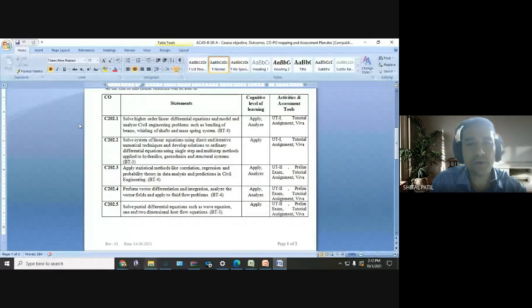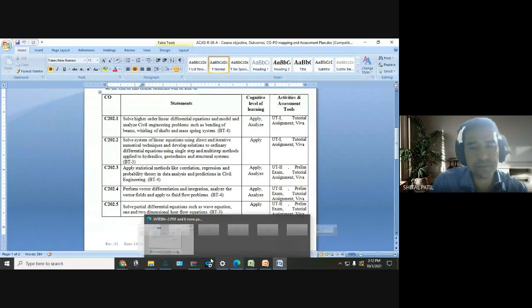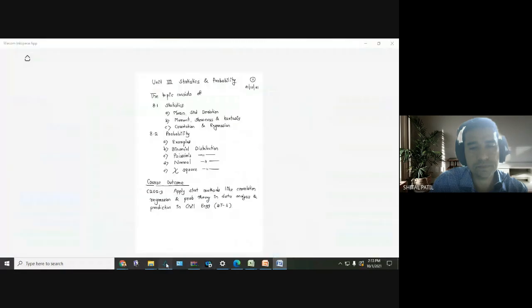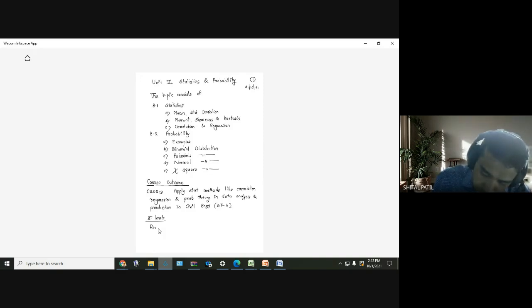BT level 4. BT levels, hope you remember what the BT levels are. One is remember, you have to remember the concept. Then understand, you have to understand the concept.